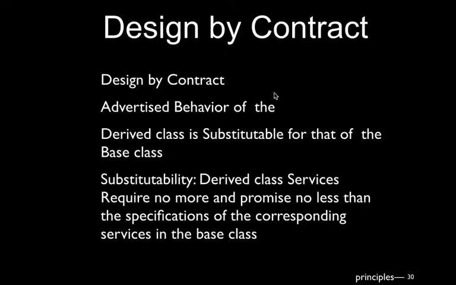A substitute comes over, and if the substitute says, oh, I will only teach if everybody in the class has one particular type of machine, I'm sorry, that substitute is of no use because the substitute requires more than I did. I said any computer is allowed in the class. My substitute says, oh no, I'm not going to let you do that. I'm going to require one particular type of computer. My substitute requires more than I do. So that's not allowed because then it's not substitutable.